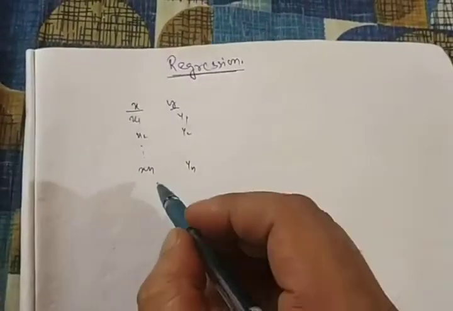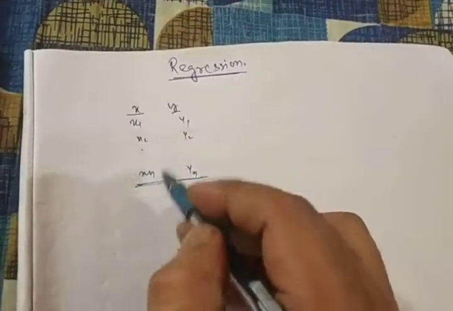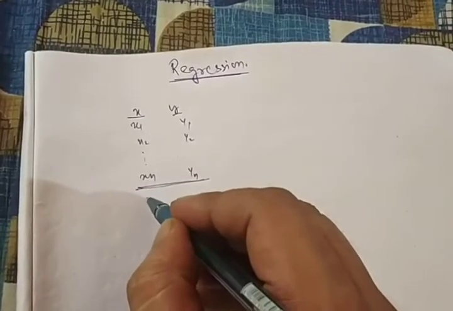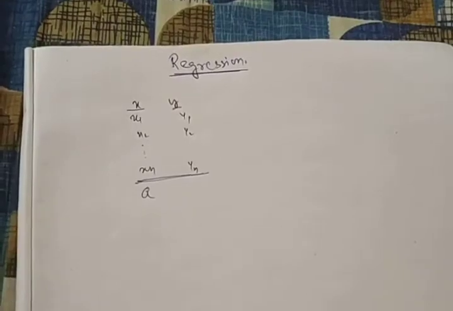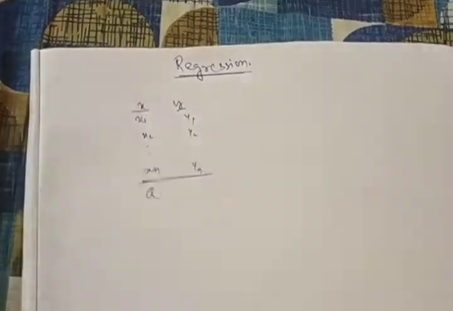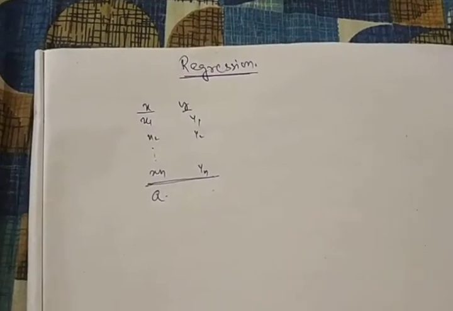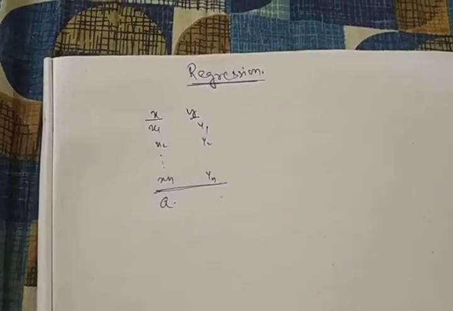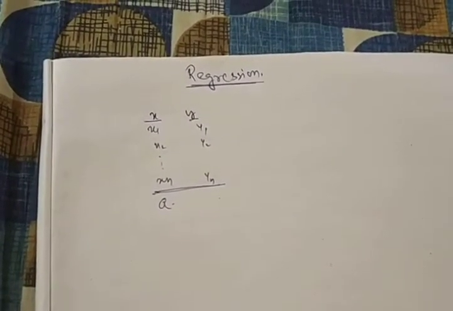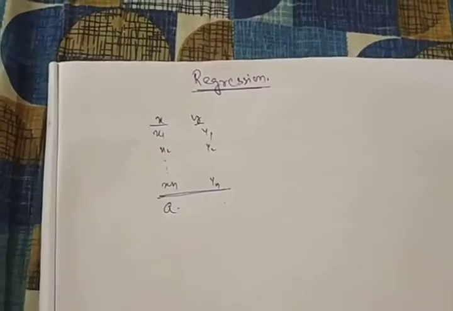Other than these known values of x, there is a value of x, let's say a, but the corresponding value of y we don't know. So how can one estimate the value of y? For that we go to the next concept, which is regression.